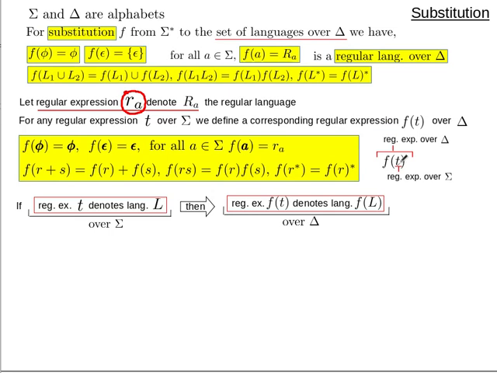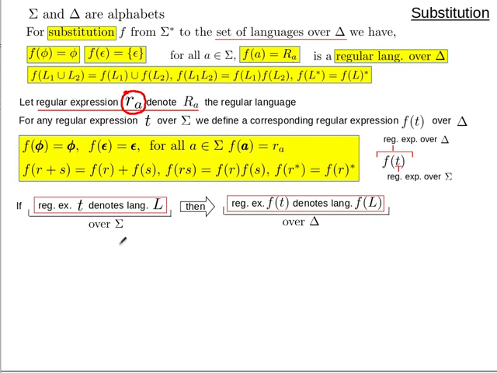That is the same thing. The regular expression denotes some language, right? And then you get back a language, but then again we are getting it as a regular expression over delta, right? So these languages are now expressed as regular expressions. So that means we are talking about regular languages here.